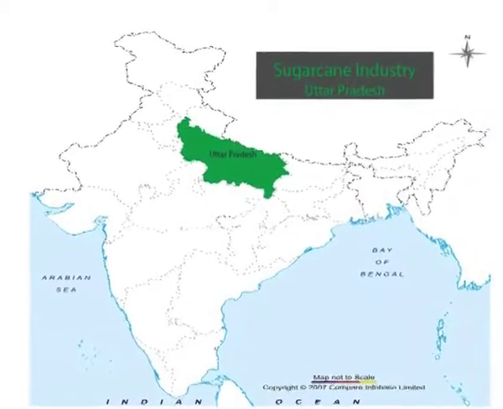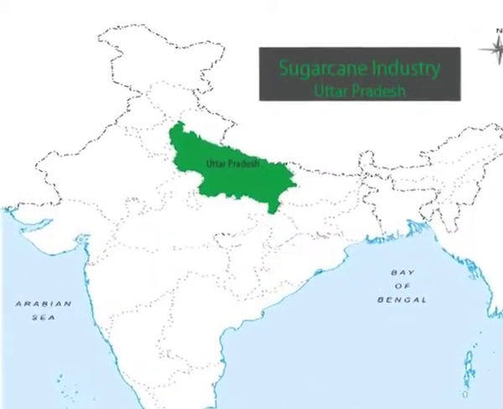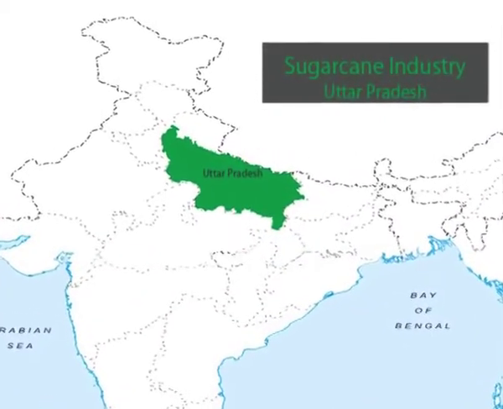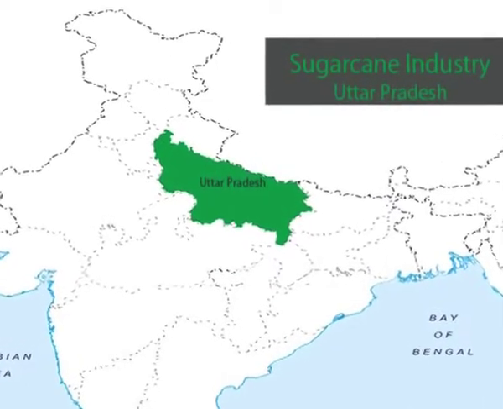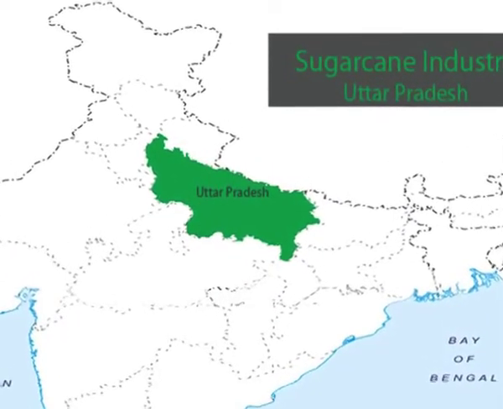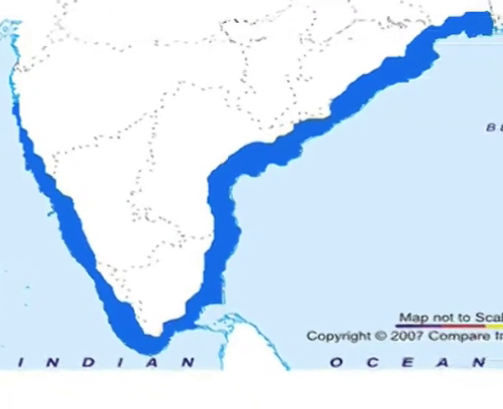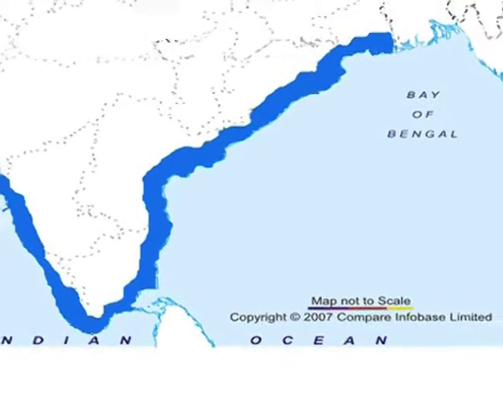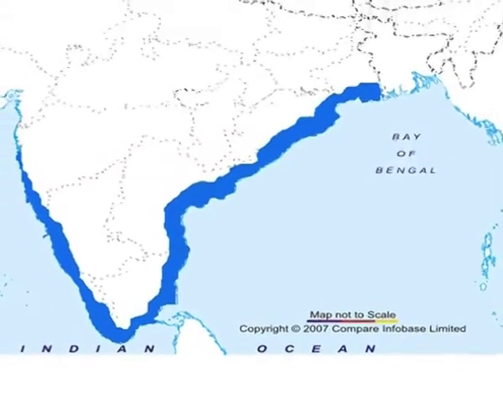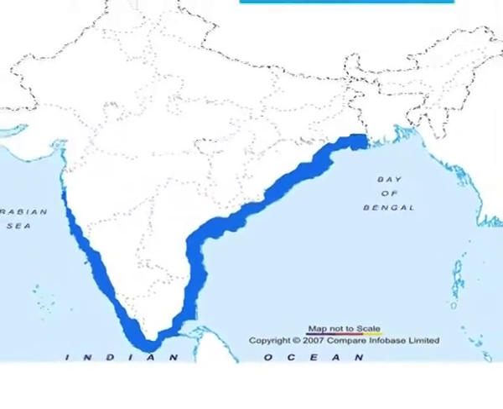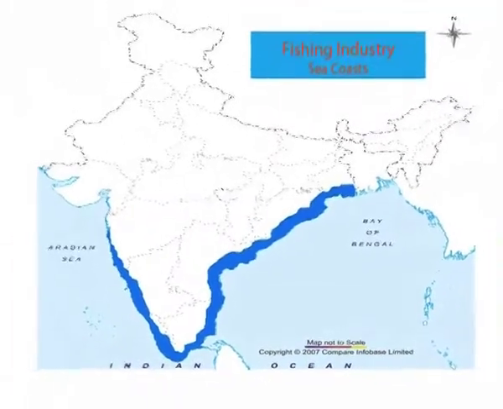Sugar industries are located in most parts of Uttar Pradesh because of the availability of sugarcane there. Sugarcane is cultivated in these areas. Fish industries are located near the sea coast in order to minimize the transportation cost. Export-oriented industries are located near the ports.